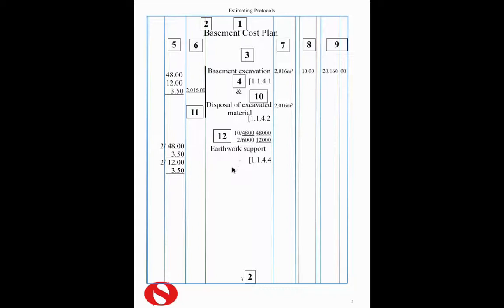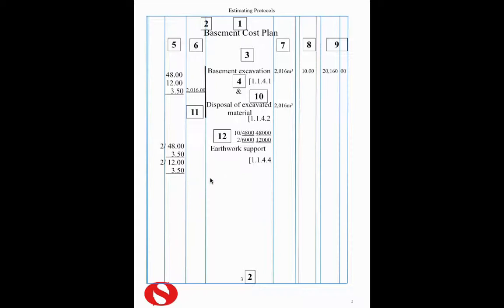And here is our superficial dimension, the 48 coming from here, transferred to here, times 3.5 is a superficial dimension, just two dimensions with a line underneath it, and the 12 from here to here.